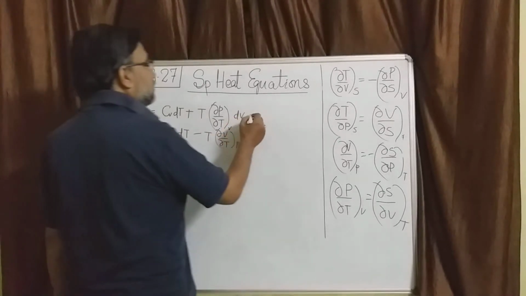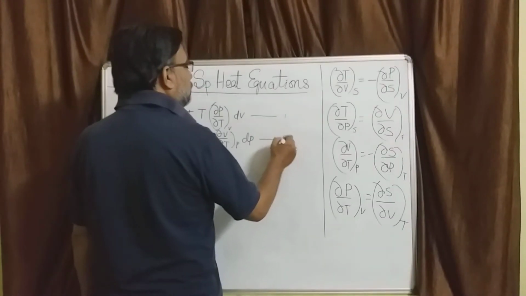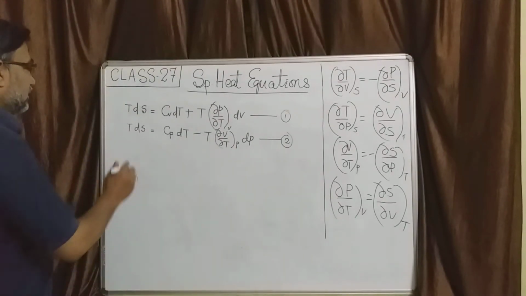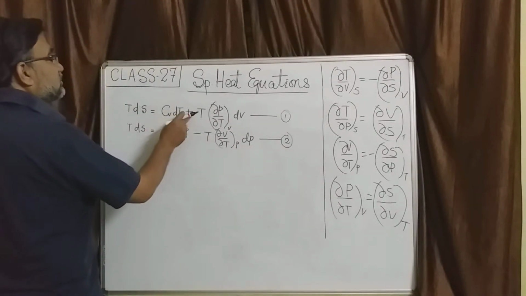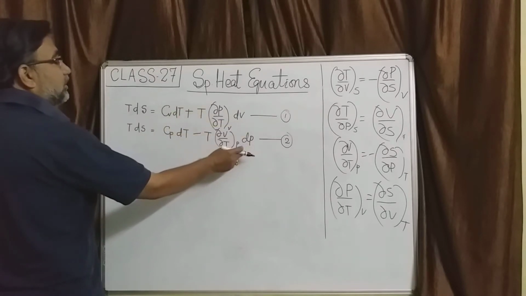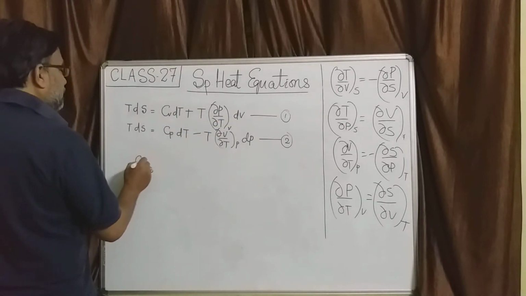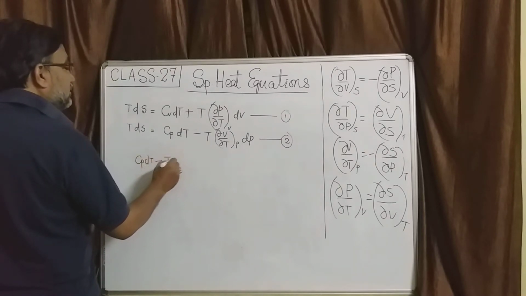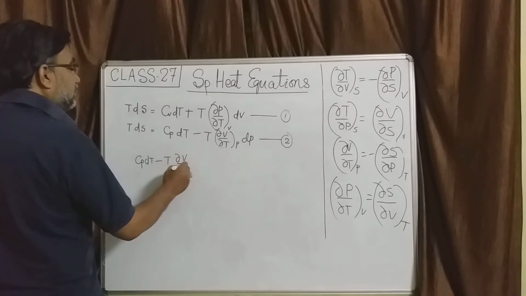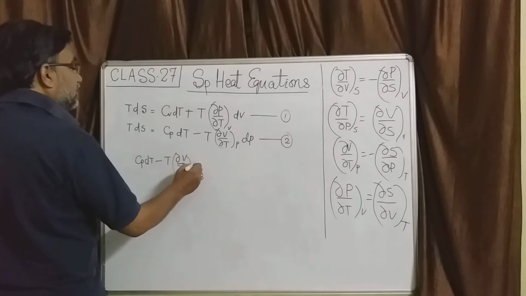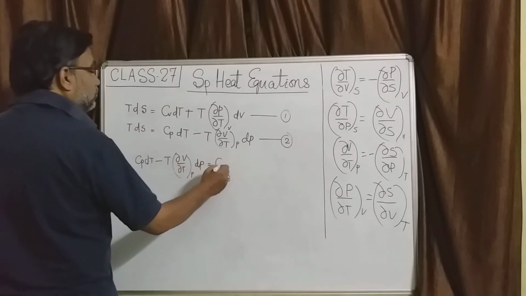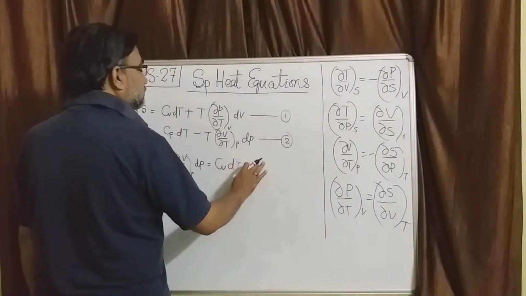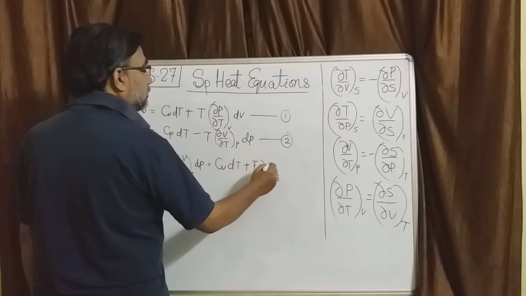So this is equation 1 and this is equation 2, and from these two equations, if I equate this one to this one, then Cp dT minus T (∂V/∂T)_P dP is equal to Cv dT plus T (∂P/∂T)_V dV.